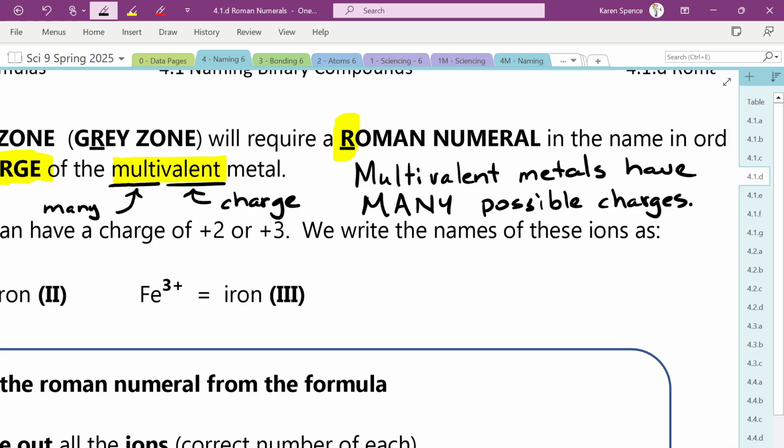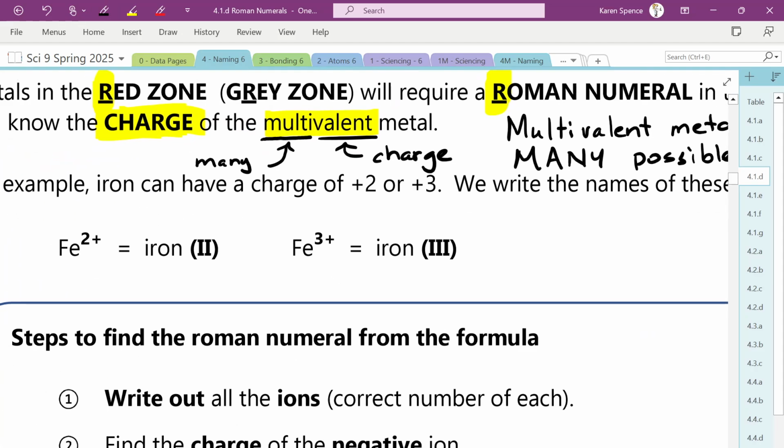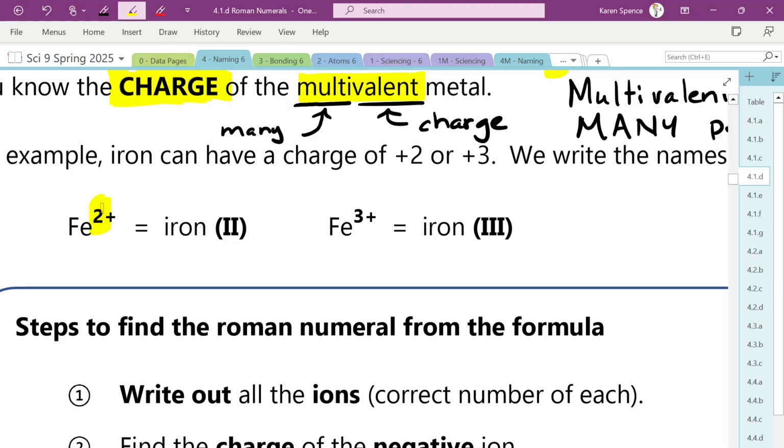So for example, iron has two common charges. It can either be iron 2+ or it can be iron 3+. And the way we tell the difference between them is we will actually give them different names. We call iron 2+ iron Roman numeral 2. We call iron 3+ iron Roman numeral 3.